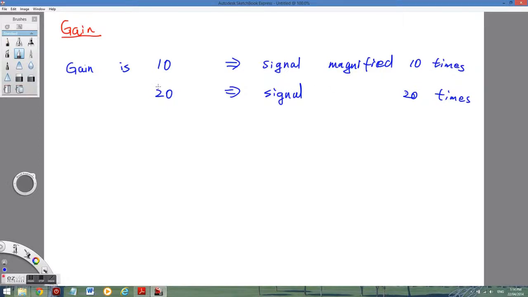That's what happens in theory, but in reality there's a problem. If you go to an electronic shop or anywhere, you get an amplifier. The information will tell you the gain of the amplifier, and also what we call an input range of the amplifier.